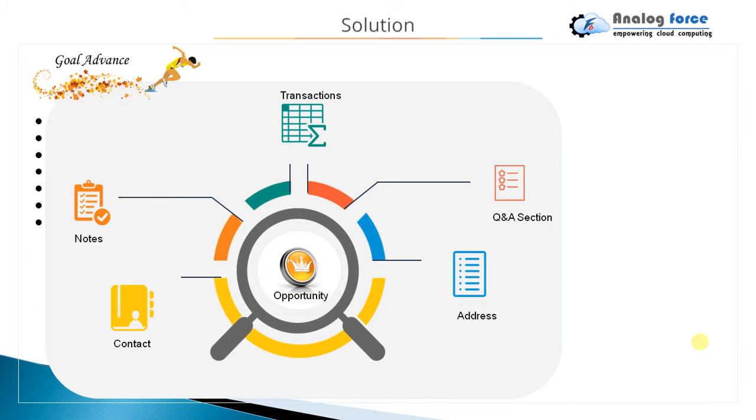We were storing the correct values in contact, notes, transactions; we created another object for the QN section, and another object for address, and in order we redesigned the data model. Once the data model was redesigned, we took the brave step of uploading the data again into the respective objects.